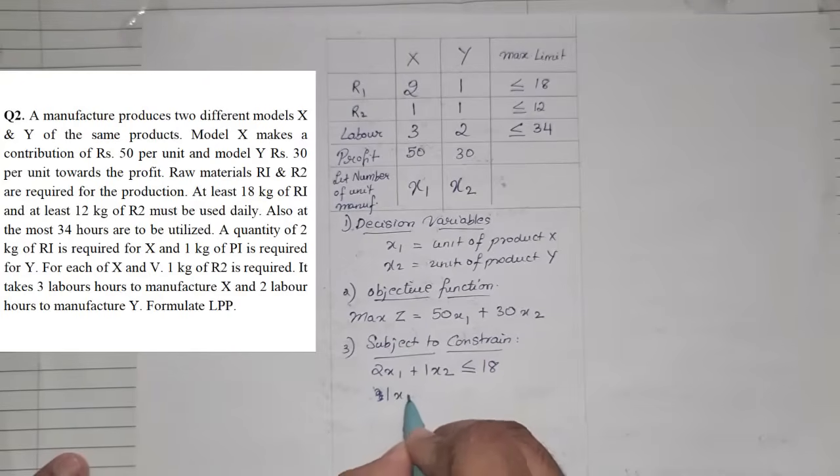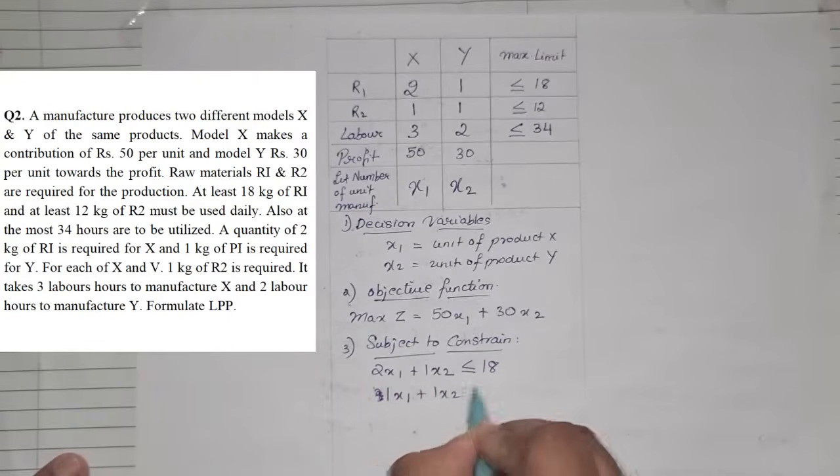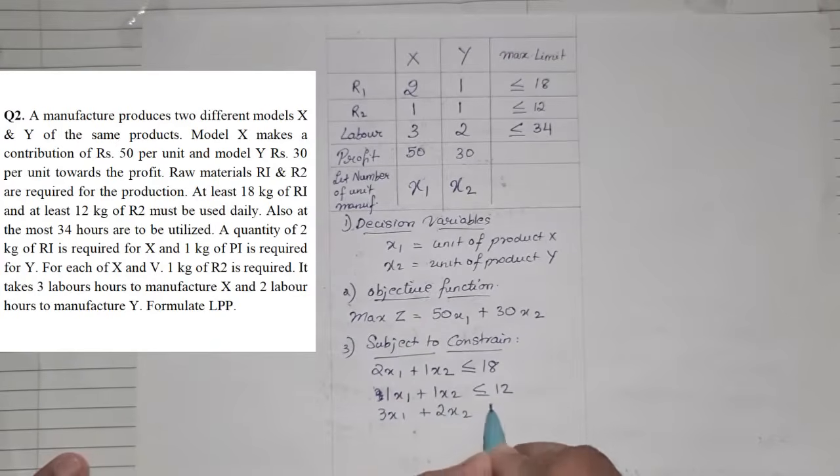Next, 1x1 plus 1x2 is less than or equal to 12, and for labor it is 3x1 plus 2x2 less than or equal to 34. And last, non-negativity: x1, x2 will be greater than or equal to 0.